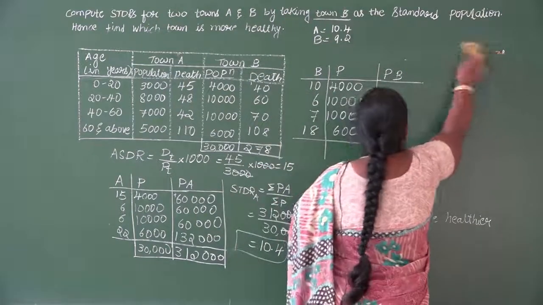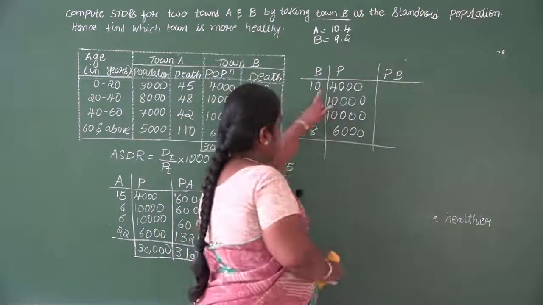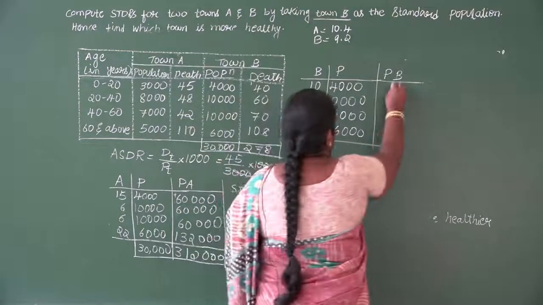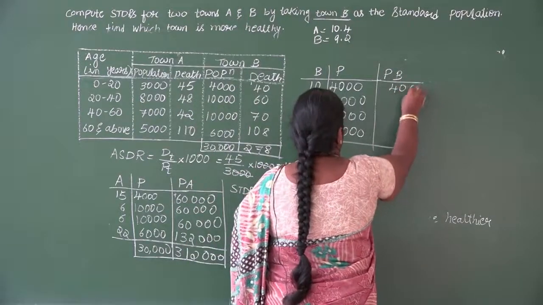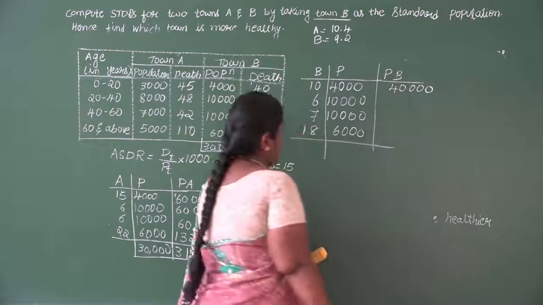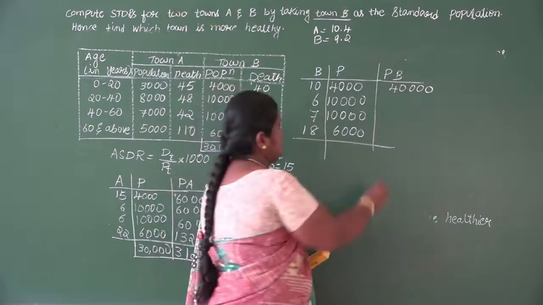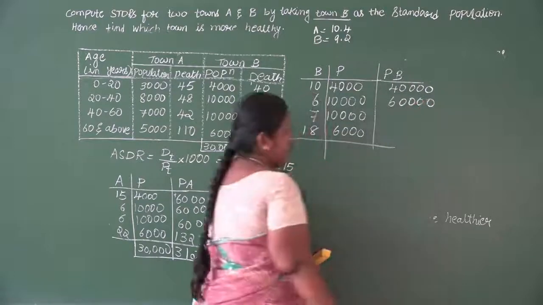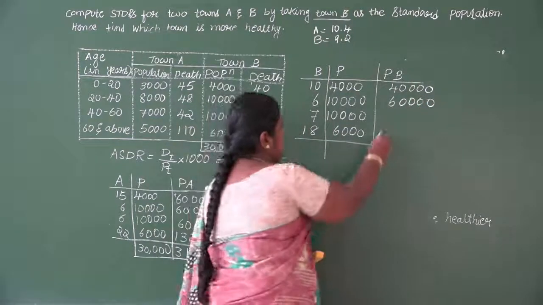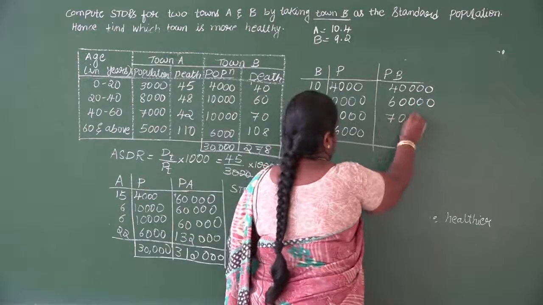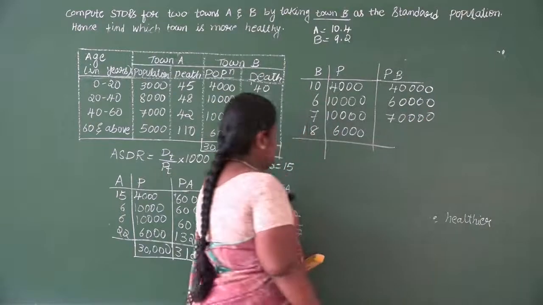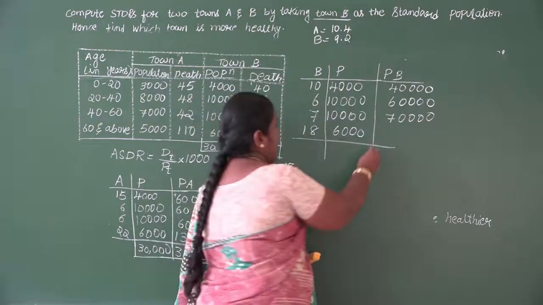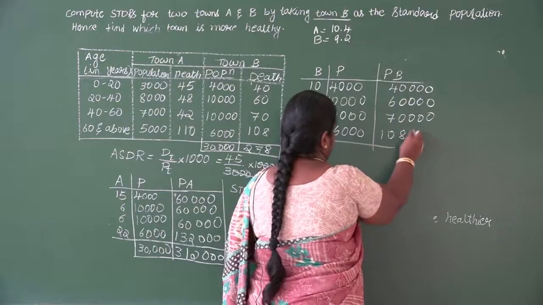So when you multiply P and B, for the first one 10 into 4,000, it will be 40,000. Then 6 into 10,000, 60,000. 7 into 10,000, 70,000. 18 into 6,000, 1,08,000.